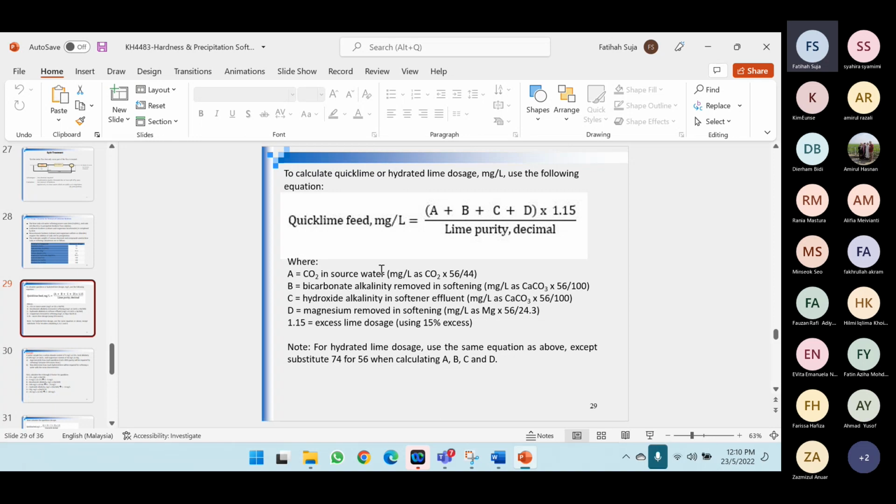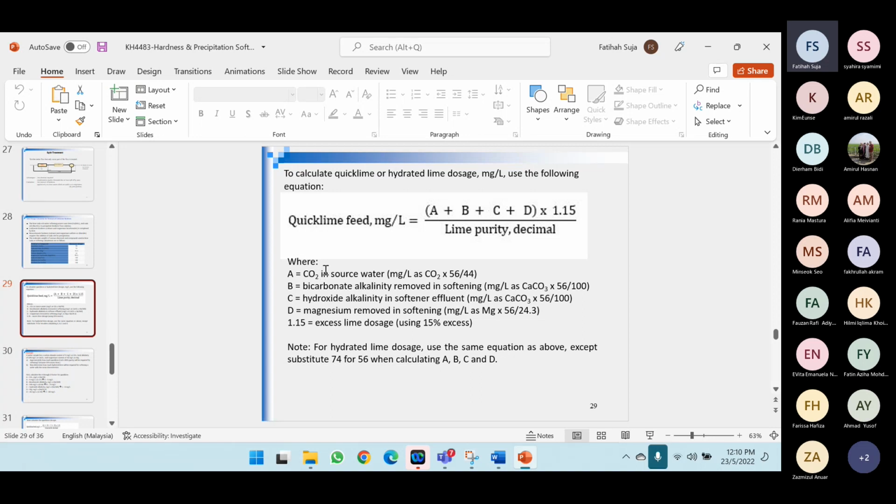So A is due to CO2 in source water, meaning that although CO2 is not a water hardness pollutant, you need to calculate the amount of lime that you need to remove this CO2, because CO2 will also react with lime.